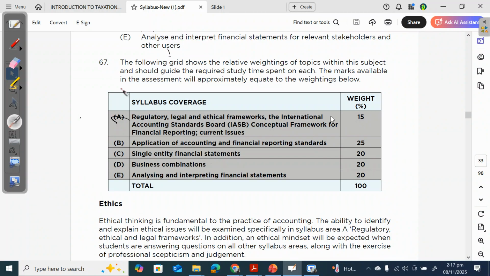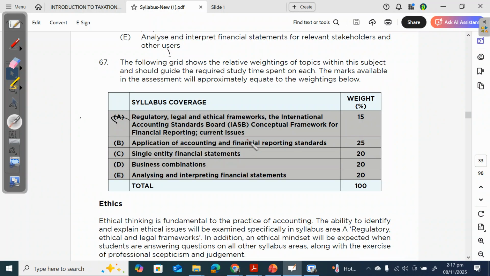So this is how the syllabus is structured. You can see the focus is on the standards because that carries the highest marks. So it means to pass or to fail also depends heavily on your understanding of the standards.